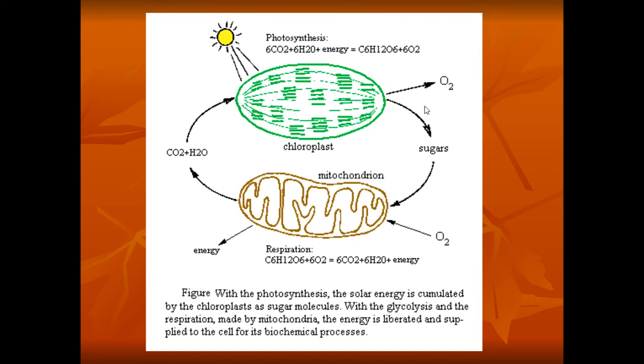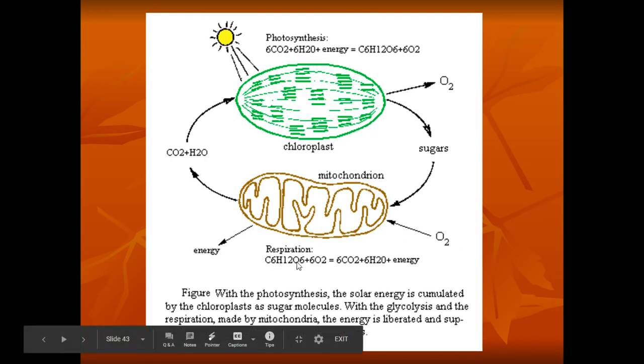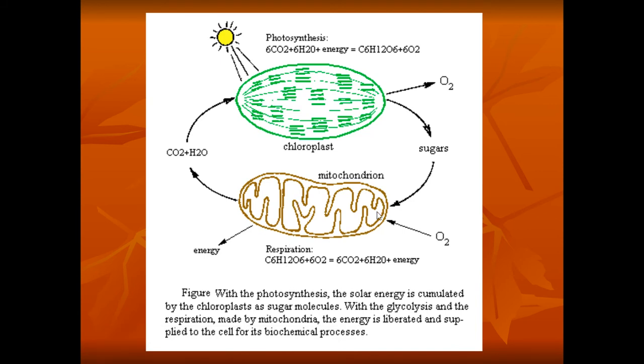The oxygen goes out into the air, sugars go into the mitochondria along with some oxygen, and it goes through the three stages of cellular respiration to get broken up into carbon dioxide and water and heat.